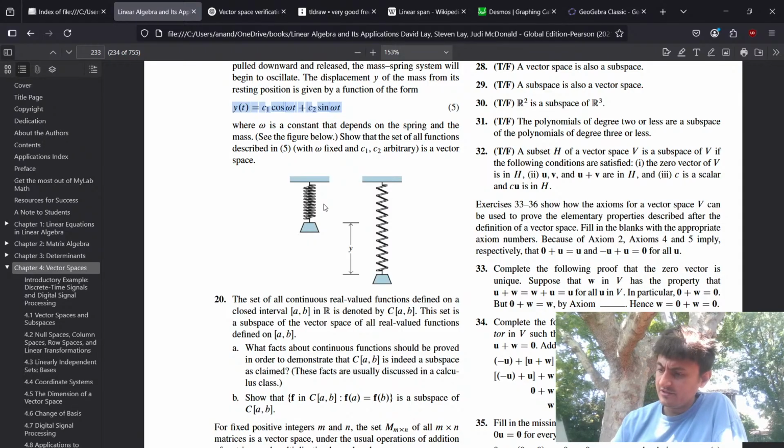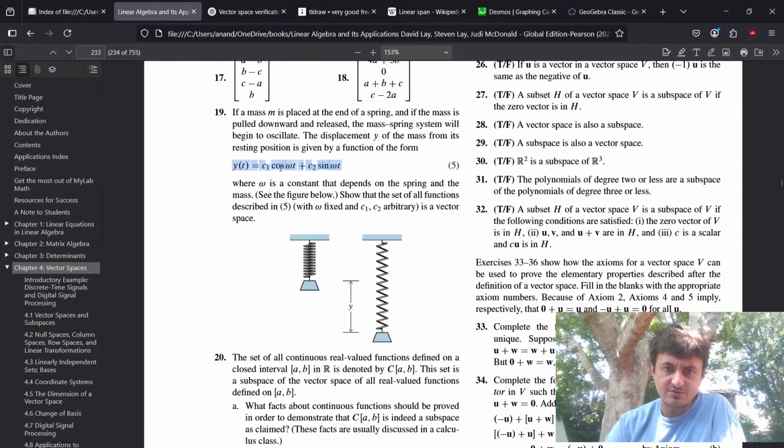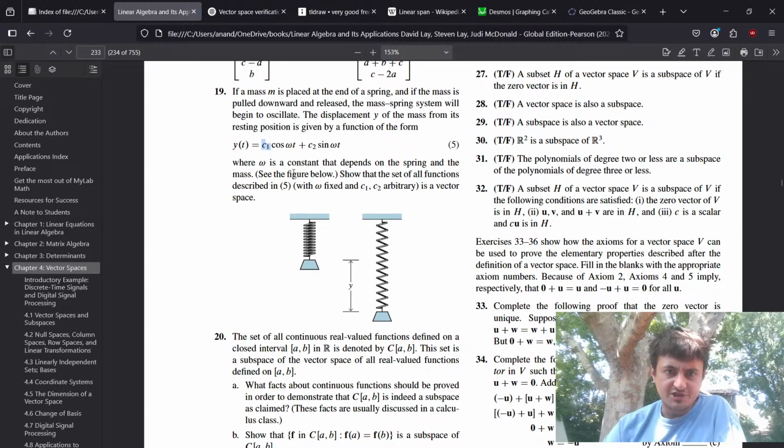What else do we need to show, though? We actually need to show a lot more. Associativity, we don't really need to show that. Commutativity, also don't really need to show that because you're basically distributing the coefficients, and since those coefficients are real numbers, we can assume a lot of this.